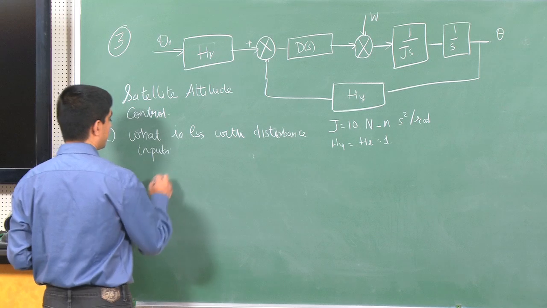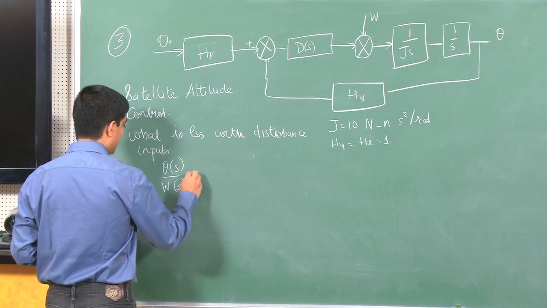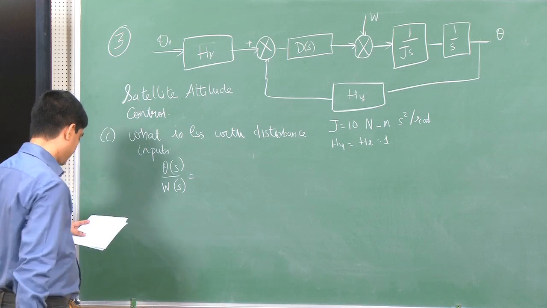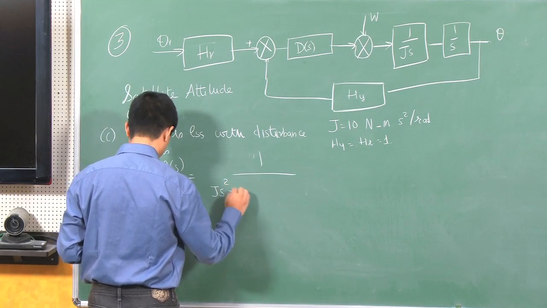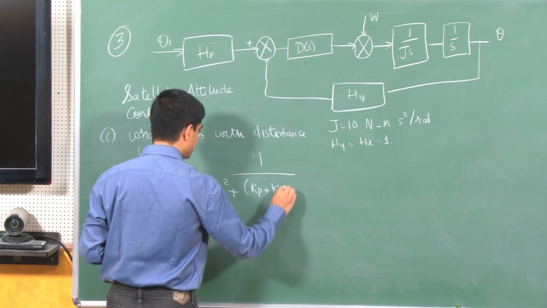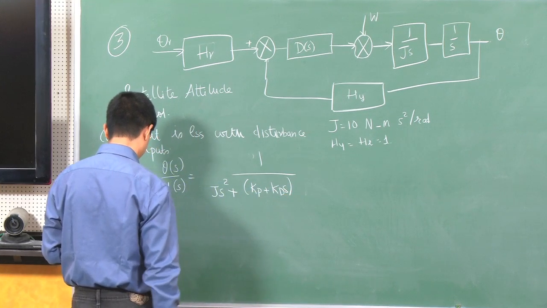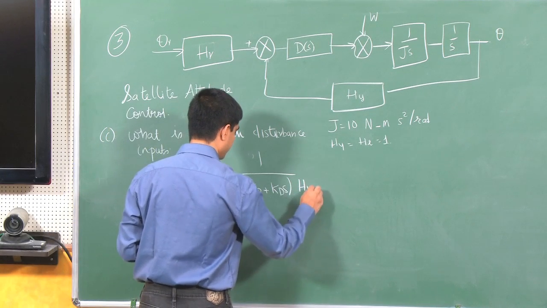Well, for that I need to find out the transfer function theta(s) over w(s), or the effect of w on theta, that I could compute. Again, this is a straightforward computation, Kp plus Kd s times Hy.